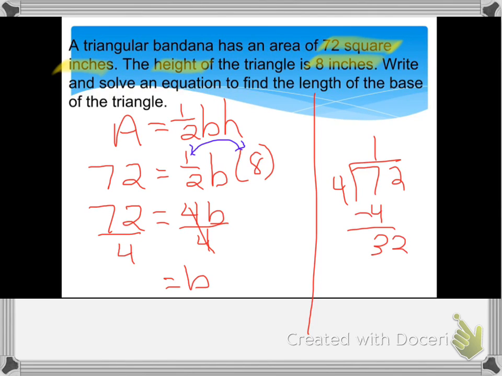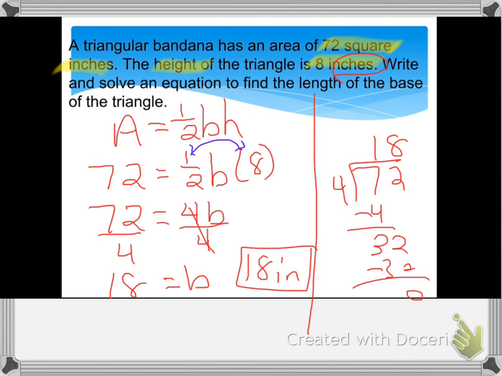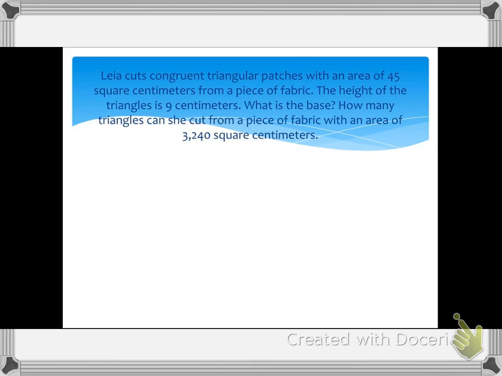And that's fine if you do. And we end up with 18. So that means since all of this was in inches, the base of the triangle is 18 inches. You're doing the same thing you were doing before. You're combining these skills, your geometry skills and your algebra skills together.